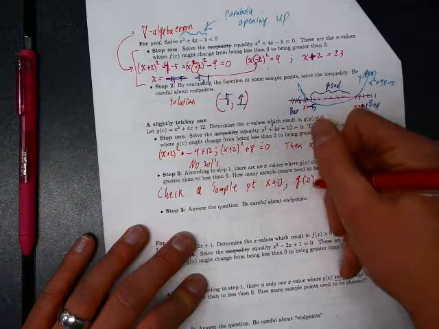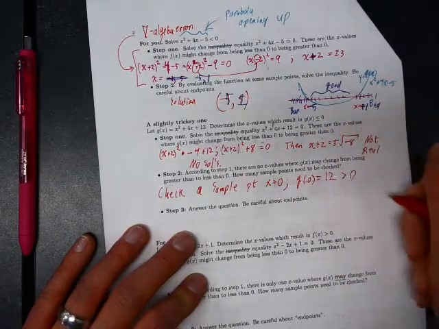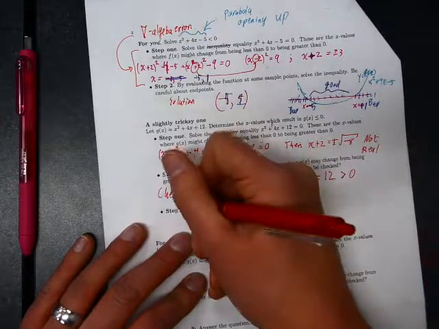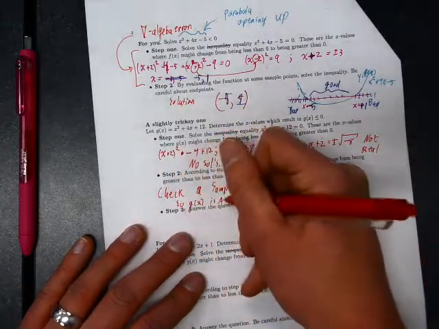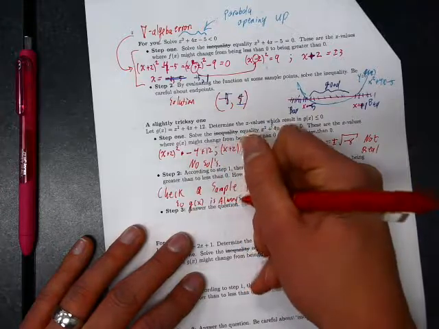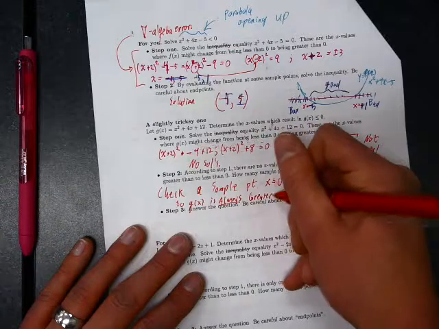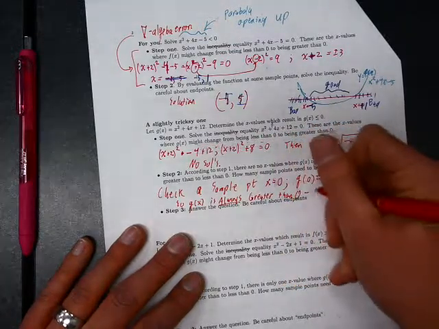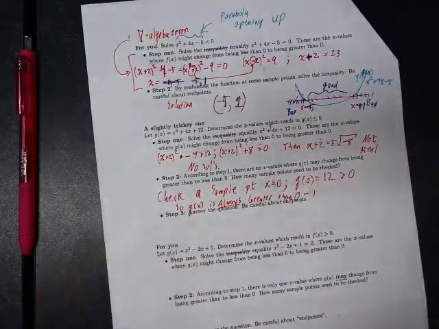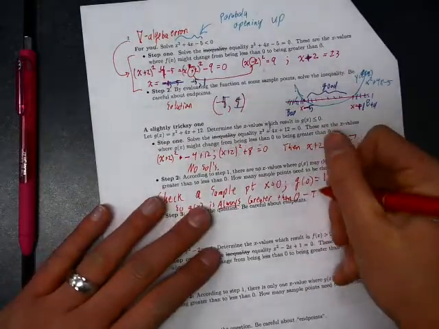You'll get g of 0 equal to 12, which is bigger than 0. So g of x is always greater than 0, if you like, because there's no place for it to change from being positive to being negative.